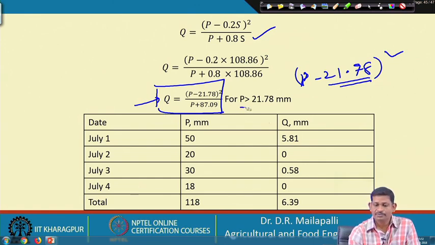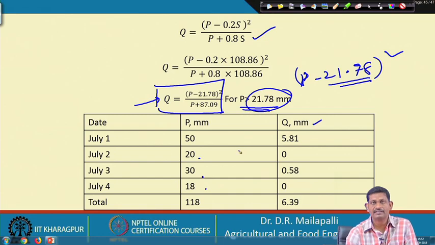If you recall the precipitation for July 1, 2, 3, 4: 50, 20, 30, 18. We apply P only where P is greater than 21.78, so not for these.